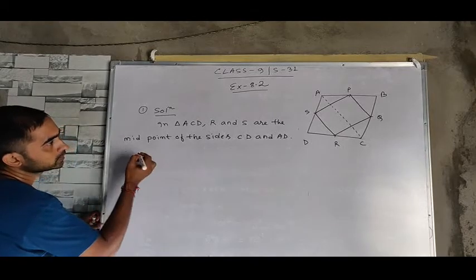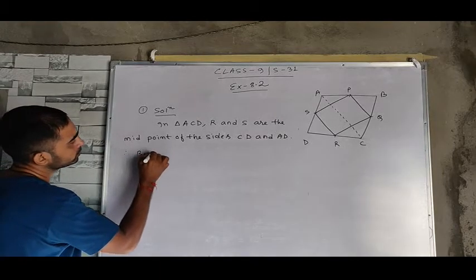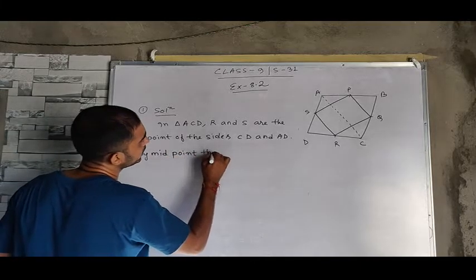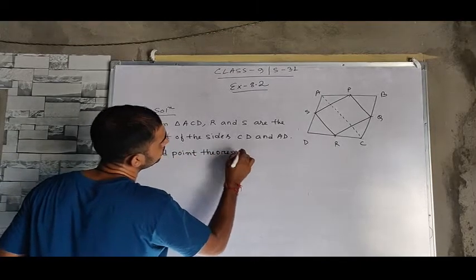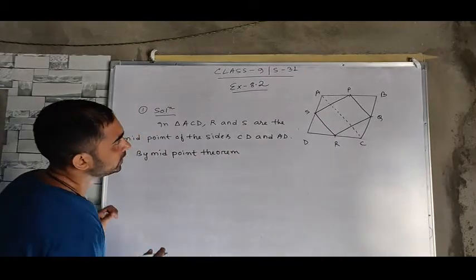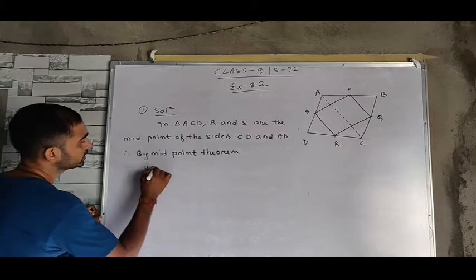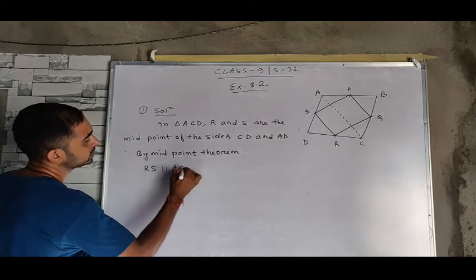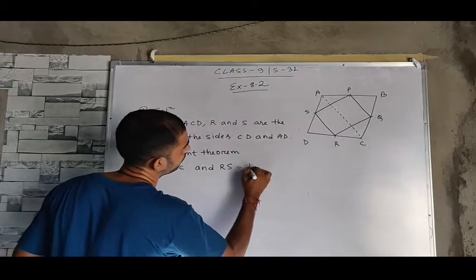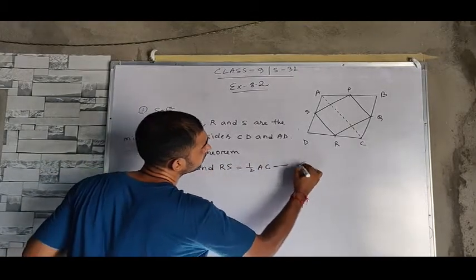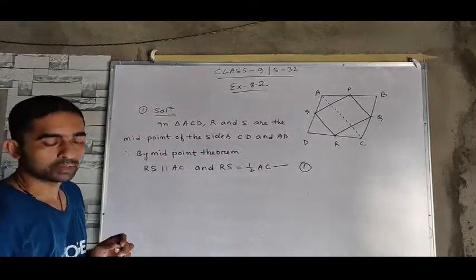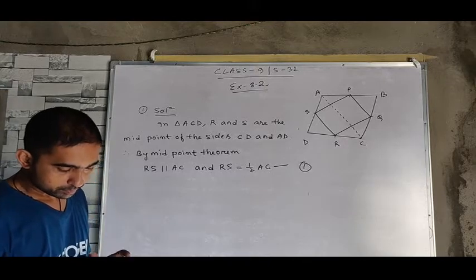Therefore, by the midpoint theorem, RS is parallel to AC and RS is equal to half of AC. That is because of only the midpoint theorem. So the first one is done.